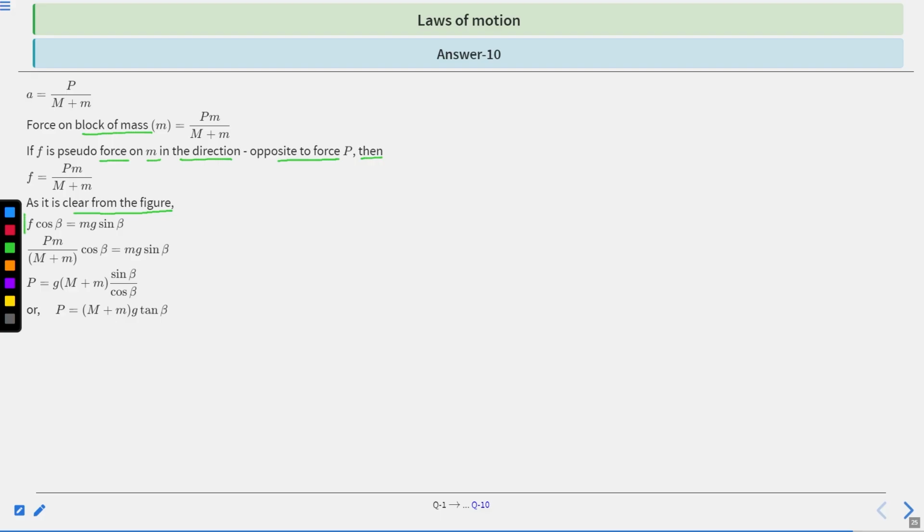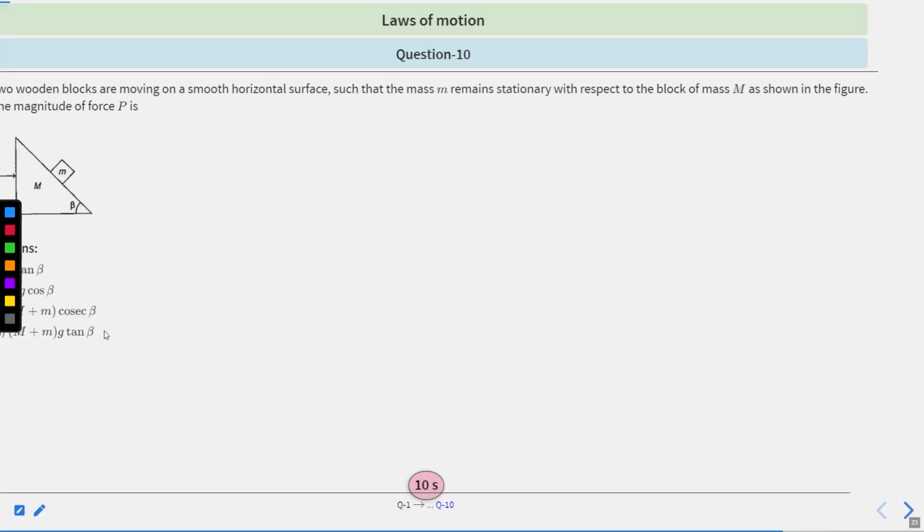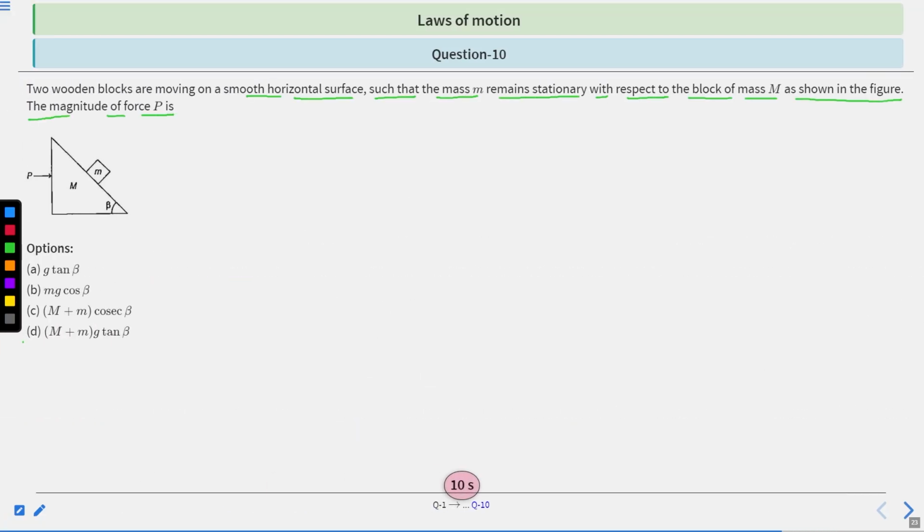Equating these terms, Pm upon (m plus m) cos beta equals mg sin beta, and solving all the terms, P equals (m plus m) g tan beta. So the correct answer is D. This is the only technique to solve this question.